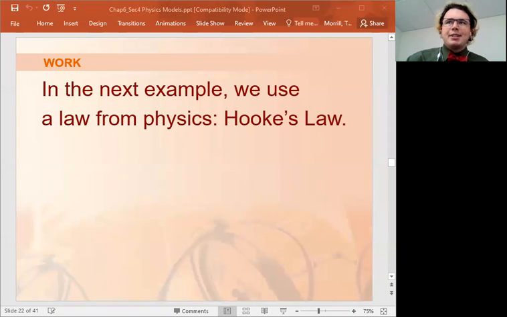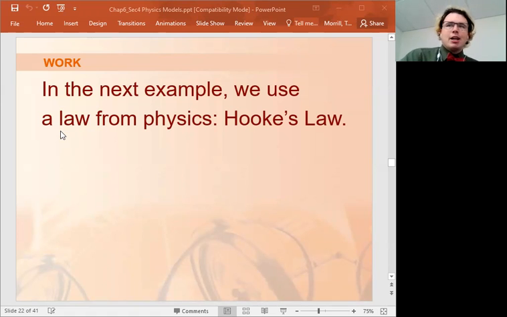Let's take a look at some more of these work integrals. Another example where we can have varying amounts of force depending on our current position is when we work with springs.